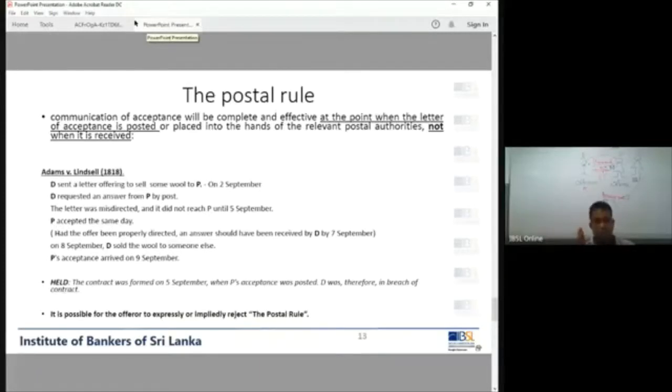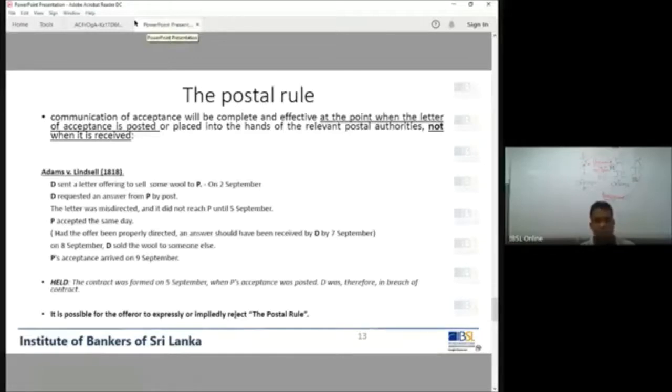The second condition is that it is only applicable when the acceptance is made by way of a postal letter. That is why it is called the postal rule. Tapal reethia in Sinhala. When you say postal, it is postal. So it will not apply to emails, SMSs, fax, telegrams or any other communication.